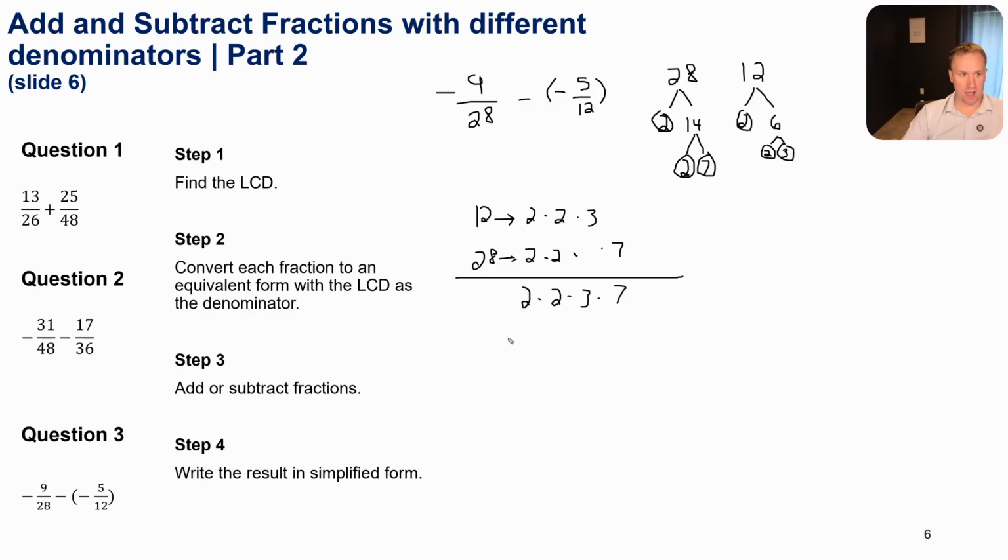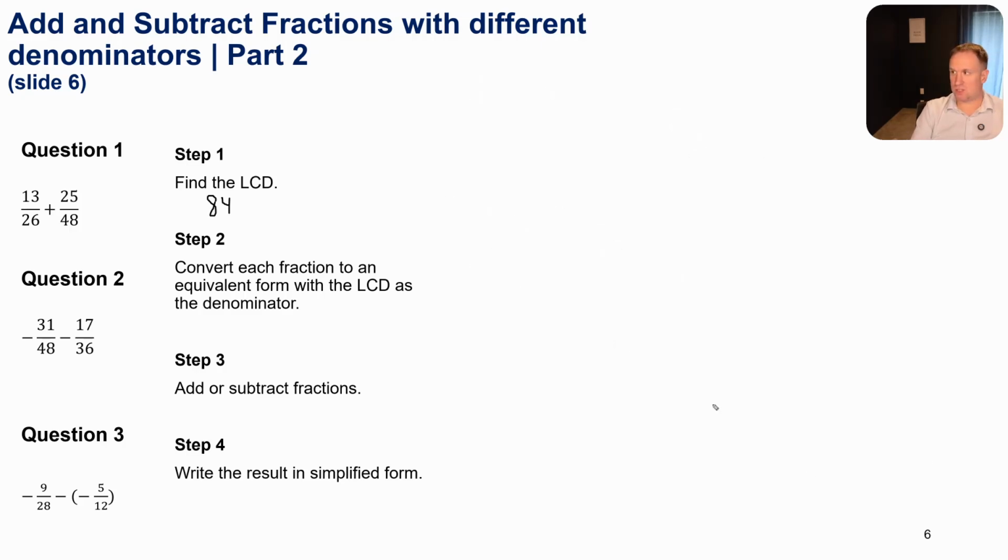Okay, so our LCD for this one is equal to 84. Okay, so step number 2, let's convert each fraction to an equivalent form. So we have negative 9 over 28. We're going to convert that, and we're also going to convert negative 5 over 12.